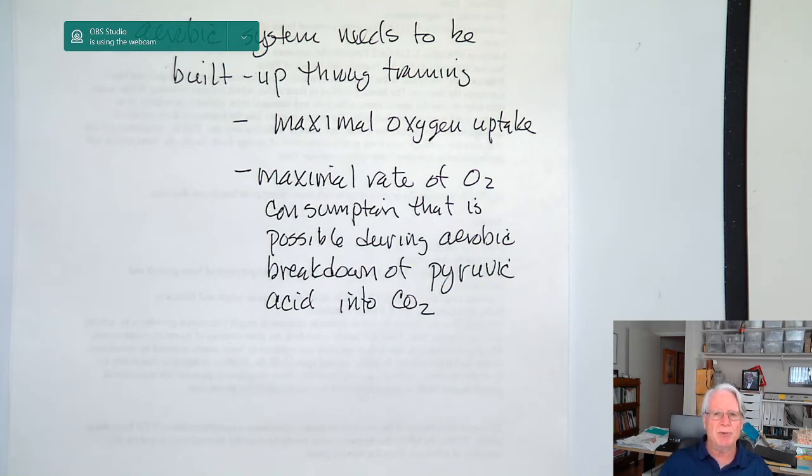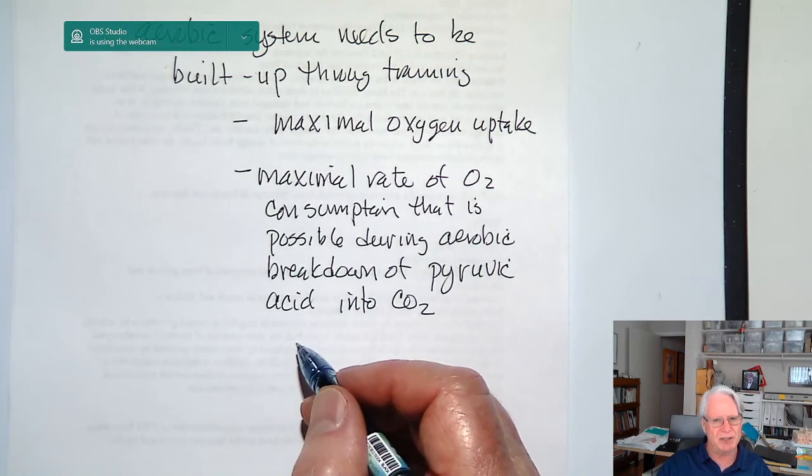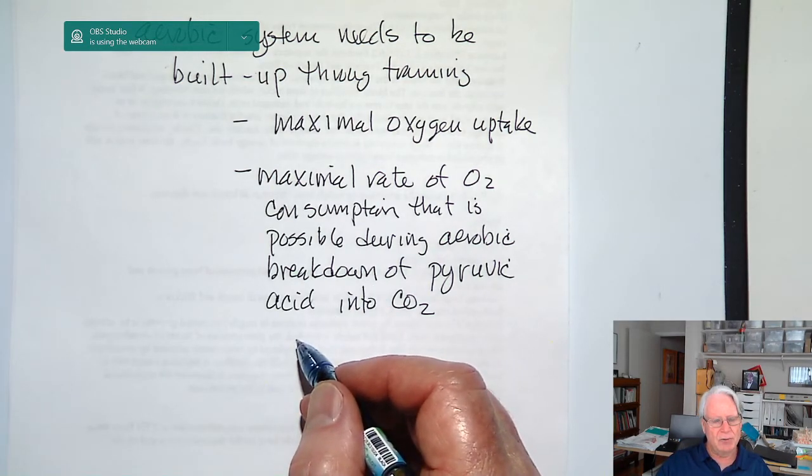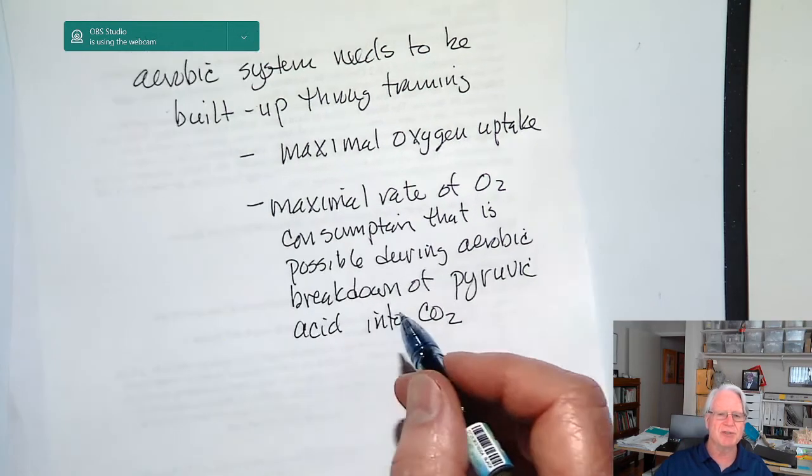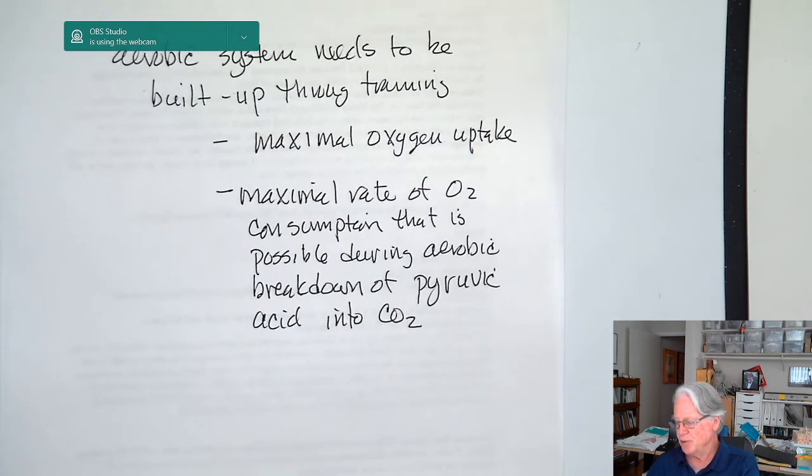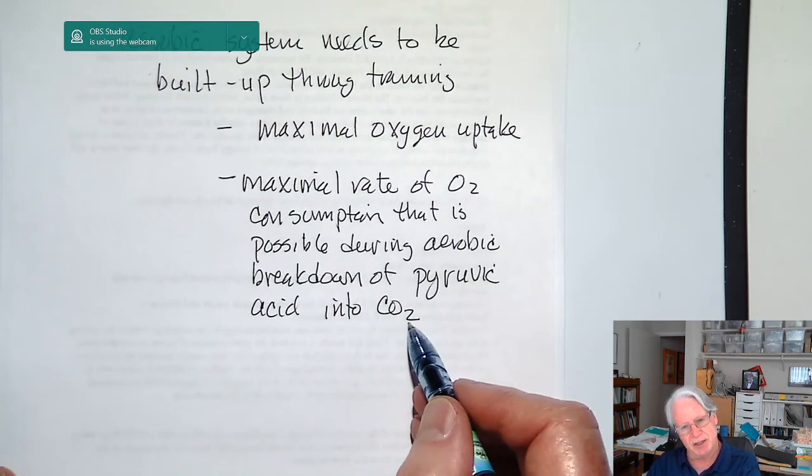The maximum rate of oxygen use that is possible in an individual when you're taking pyruvic acid, dumping it into the mitochondria, and creating molecules of ATP. The end result is you're going to produce carbon dioxide as a waste product. Okay?